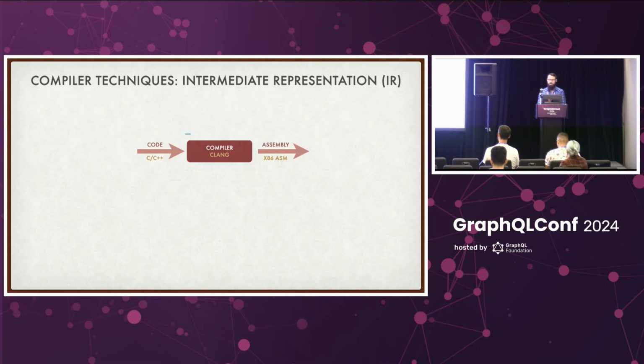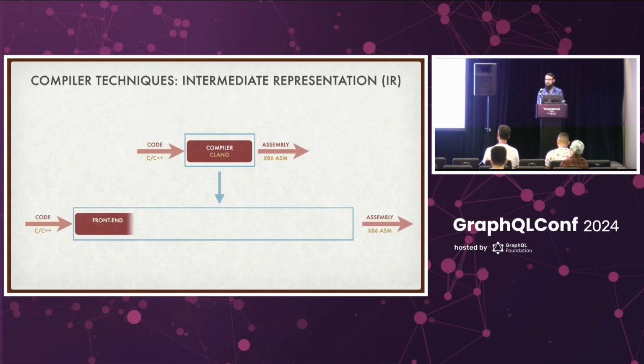Let's zoom in on that compiler a little bit and break down some of the separate jobs that it's actually doing. We can easily break it into two parts, the front end and also the back end. The front end will parse and transform the language-specific code, and the back end is actually going to be responsible for generating the machine code for a particular processor.